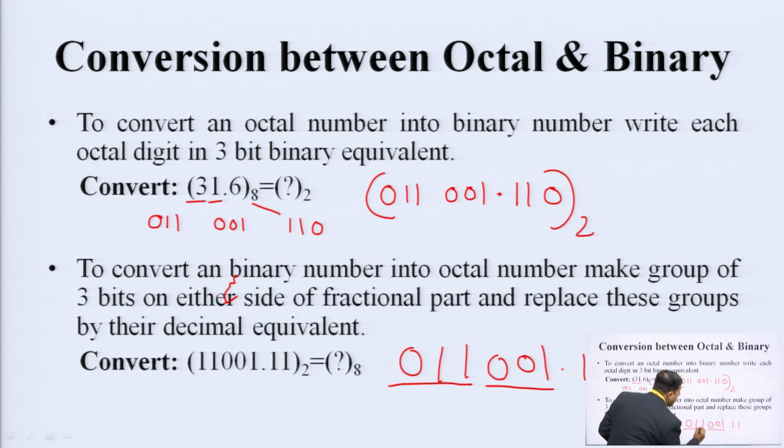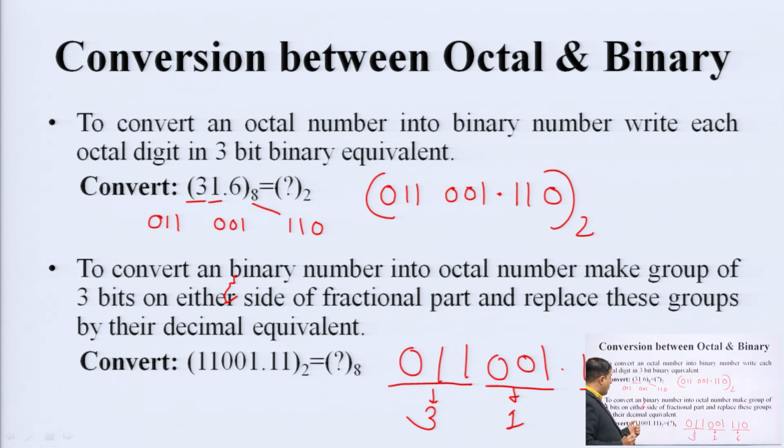After the point, 0 has no significance, so again we put a 0. Now 3-bit grouping is possible: 011 is 3 in decimal, 001 is 1, and 110 is 6. So the octal equivalent of 11001.11 will be 31.6 in octal. Okay, clear?